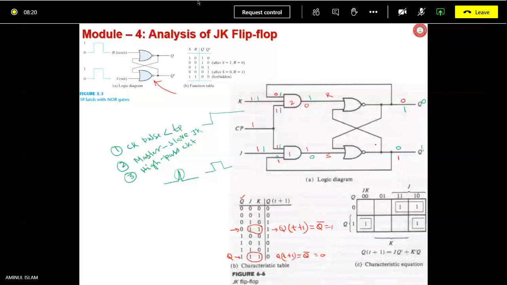The new value after toggling, a new value coming in Q and Q bar, is getting fed back. If the clock is still held high, then another toggling may occur, or rather multiple toggling may occur. And if multiple toggling occurs during one clock pulse, then you don't know actually what the final value is. There's a problem. Toggling is required, but not multiple times.